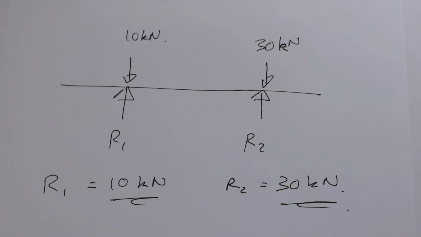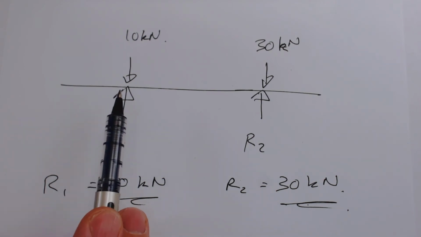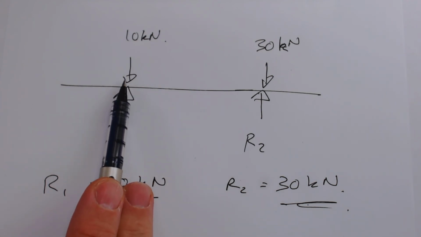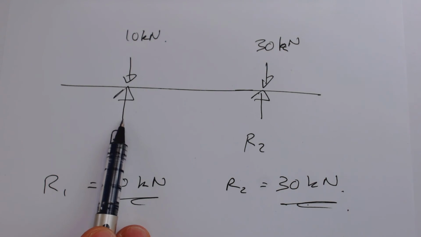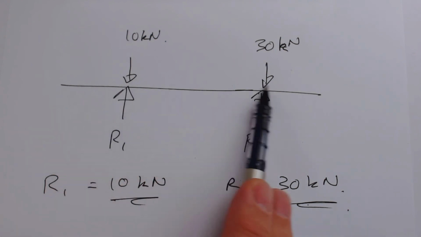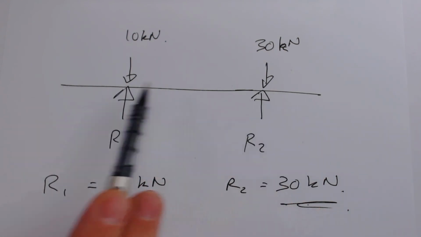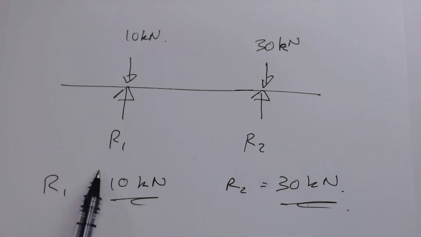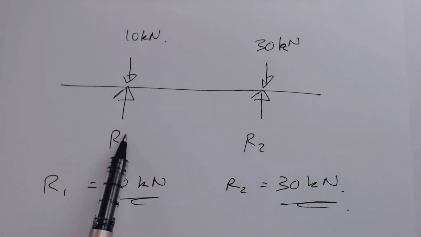So again, think about how forces are going to push down. They're going to want to push down to the closest pivot that they can find, and the fact that there's this bar in between isn't going to affect matters. It's just going to push down, and that's going to react by the same amount that's pushing down on it.